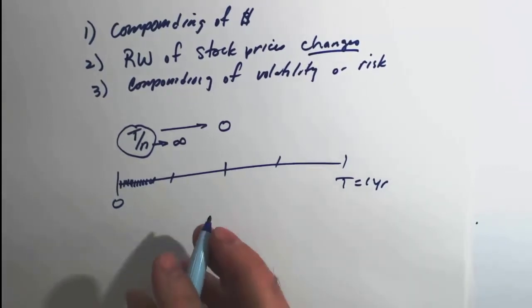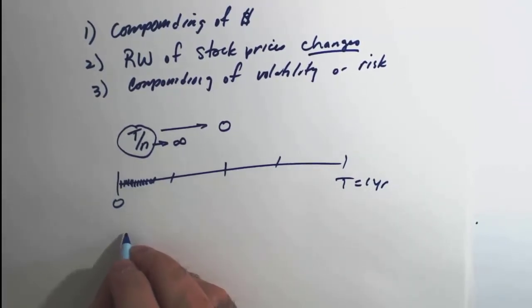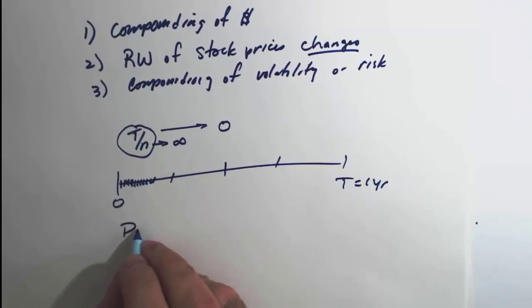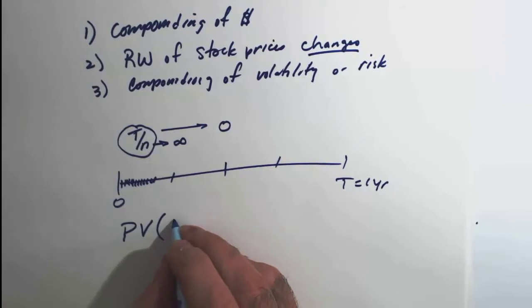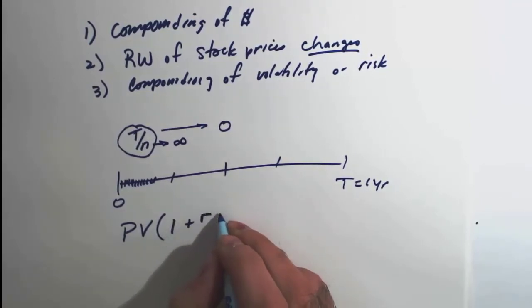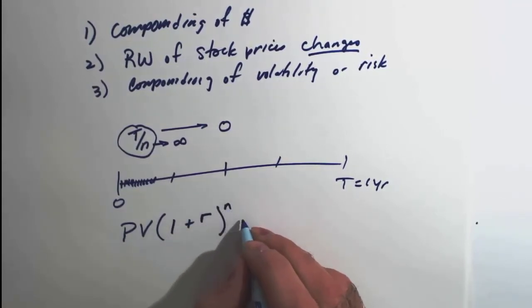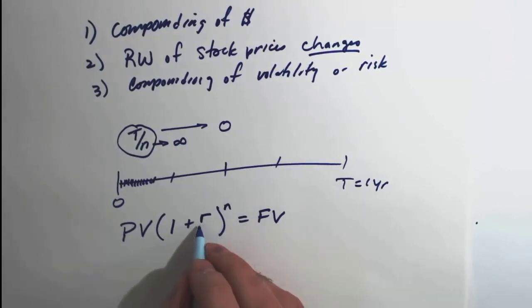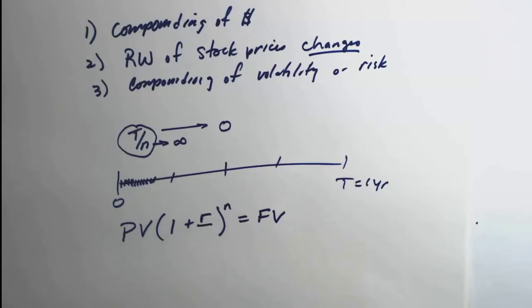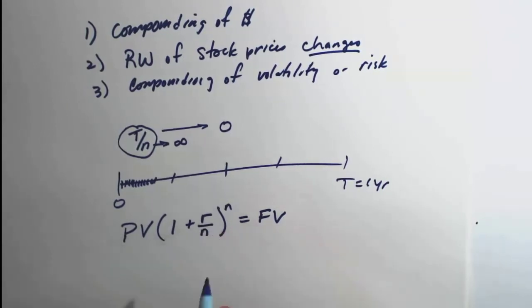Okay, so let's review what the math means for that. Let's go back to square one. Remember the compounding of money concepts. You took a present value and multiplied it by 1 plus r to the n power, and you got a future value in your basic finance course. In that course, we often assumed that n was 1.